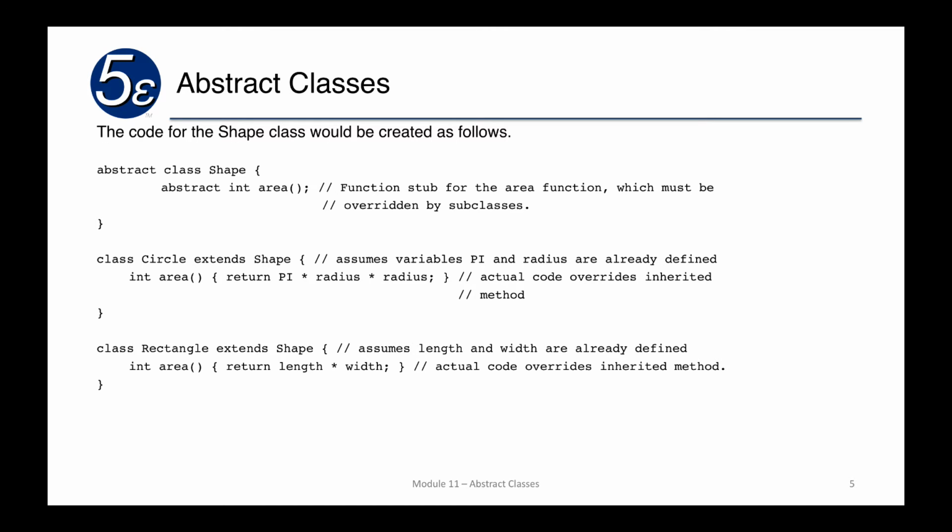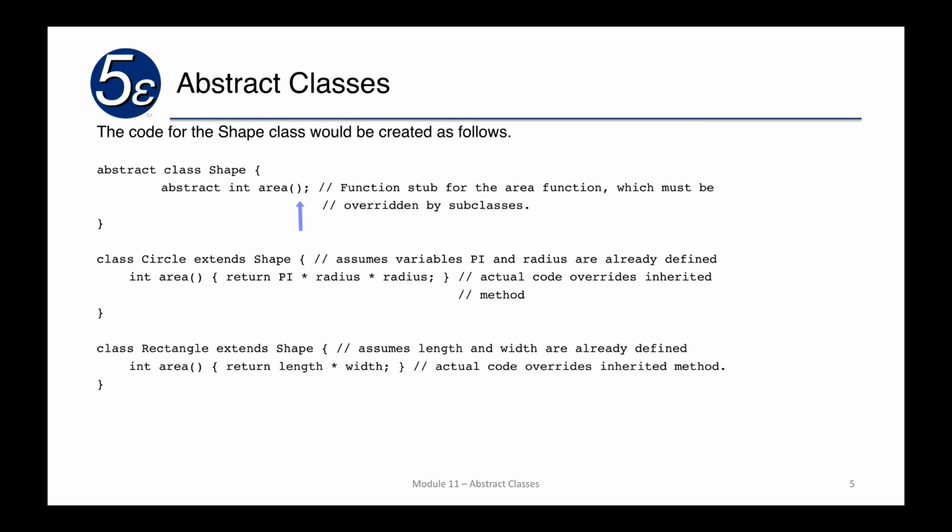So this is what the code actually looks like. We have this class called shape, which is an abstract class, and abstract int area is the function stub. This must be overridden by anything that inherits from shape. So here's an example. Class circle extends shape. Since shape is abstract, all of the abstract methods must provide some code. So we have int area. Area returns a value of type integer, and so therefore this returns a value of type integer.